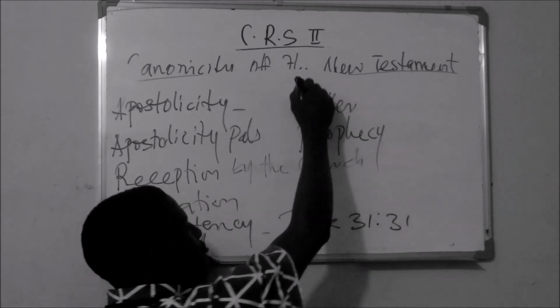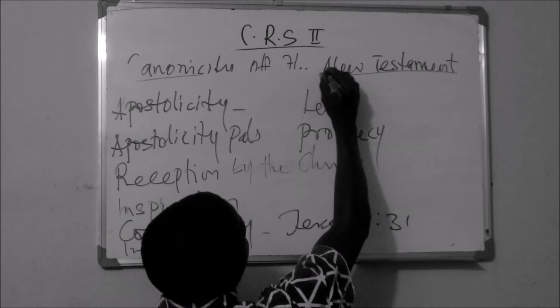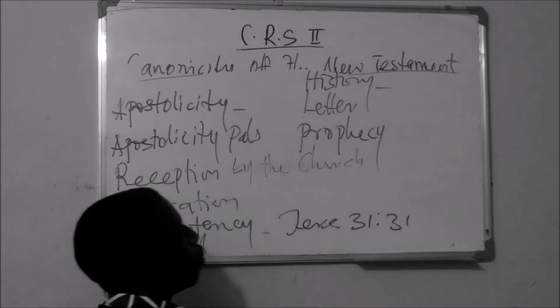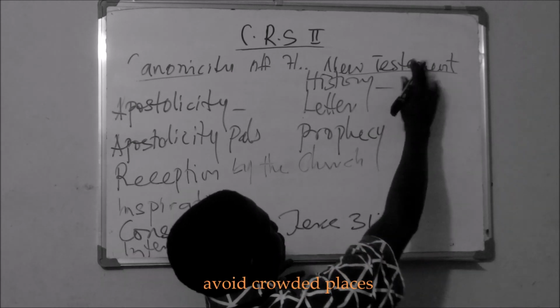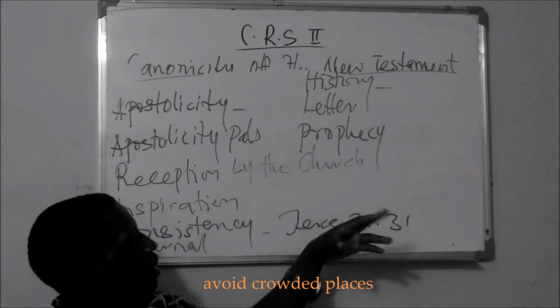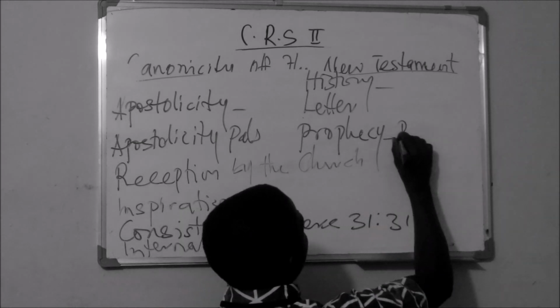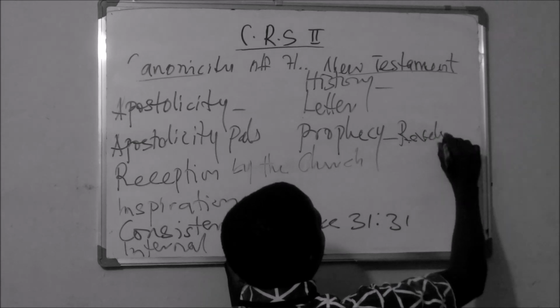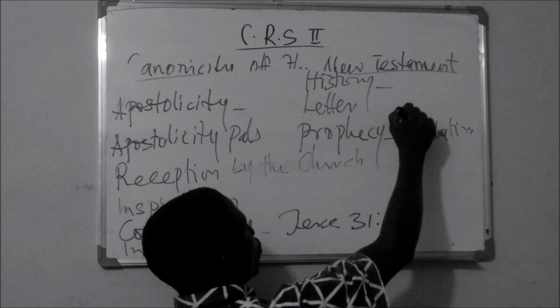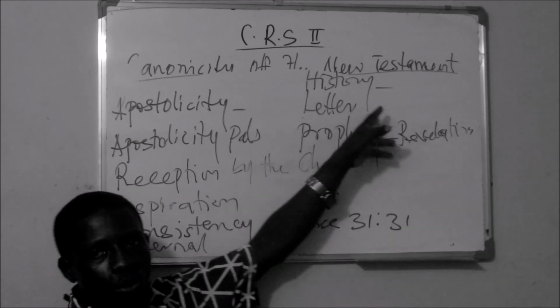The first one here is what we call history. Here we have Matthew and the synoptic gospels. Then here we have the book of Revelation. Then every other book in the Bible belongs to the letters.